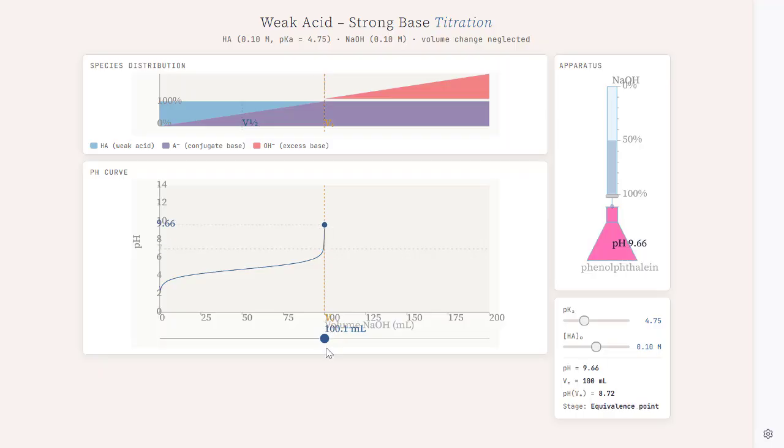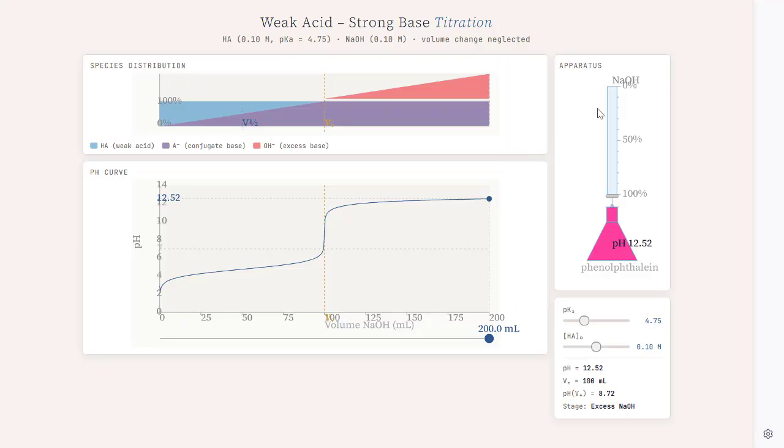So we can see it starts getting pink here, and then magenta or whatever, that deep, hot pink. And now we're just increasing the OH minus concentration until we have supposedly 0.1 molar NaOH and 0.1 molar weak acid in there, plus the volume change that we're neglecting.